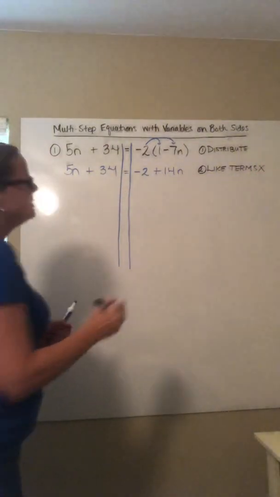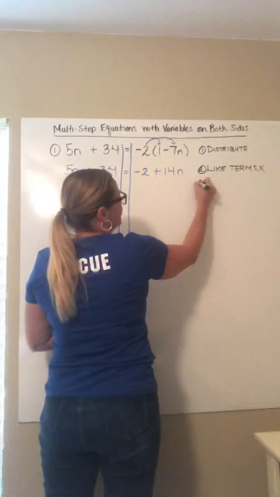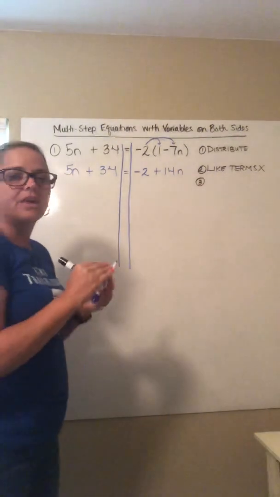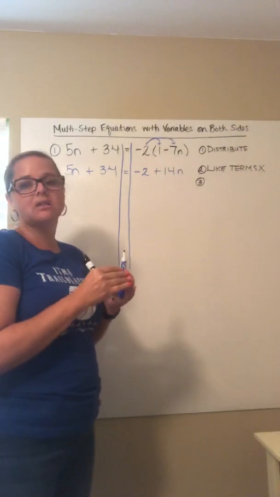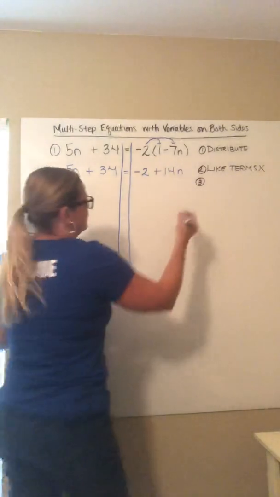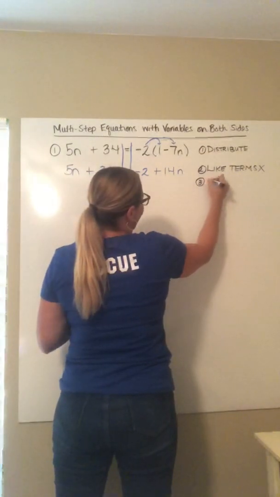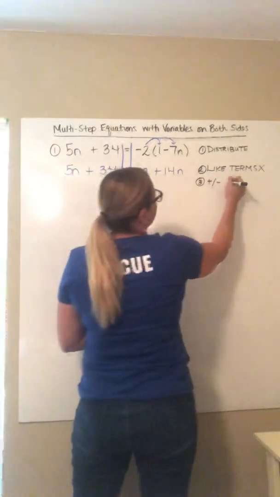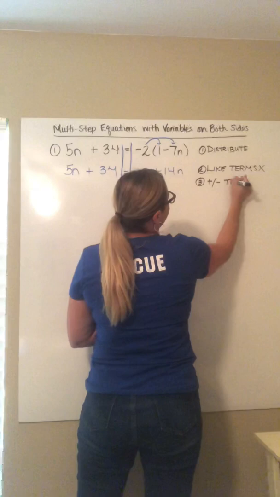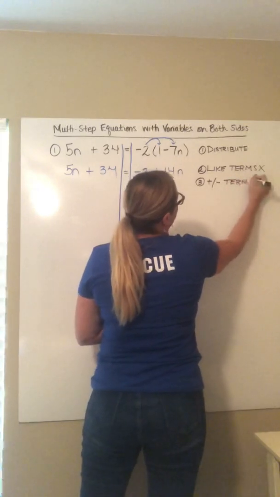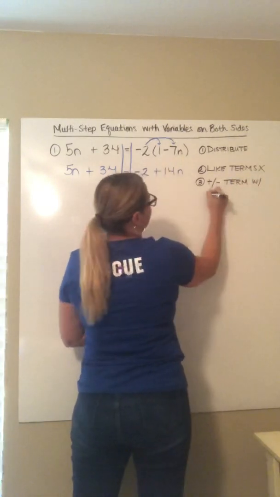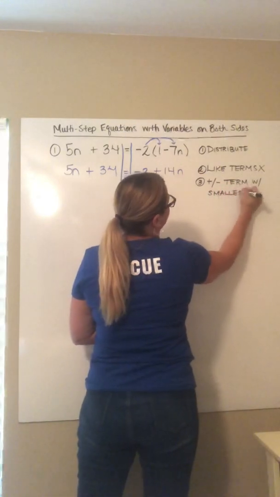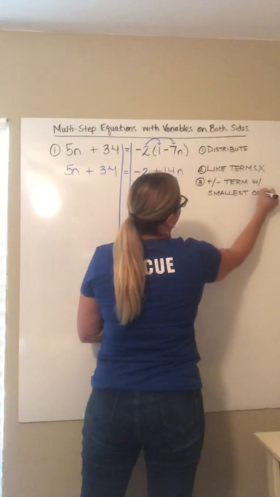Okay, so the third step is going to be to look for the term that has the smallest coefficient. So I'm going to be adding or subtracting based on whatever the inverse is. What's a coefficient?